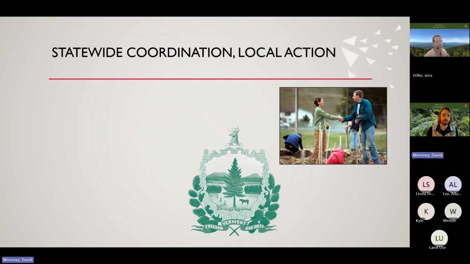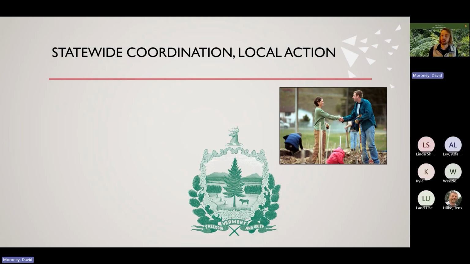Now, Jens mentioned that Vermont conservation design is not a la carte. We really need all these different components working together to create the ecologically functional landscape. But we don't necessarily need to be doing everything everywhere all at once. Right? Jens also mentioned that the ecological functions that are represented in our landscape really do differ from area to area.